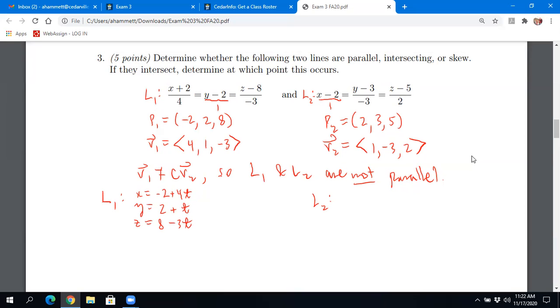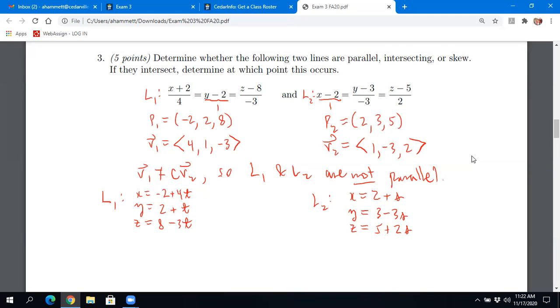For the second line, what do we have? Well, x equal to 2 plus s. I'm using a different parameter for the second line. Remember that trick? You don't want the 2 points to have to move together on the 2 lines. You want them to move independently of each other so you can determine if they actually intersect, yeah? So x equals 2 plus 1s, y equals 3 minus 3s, and z equals 5 plus 2s. Okay, interesting.